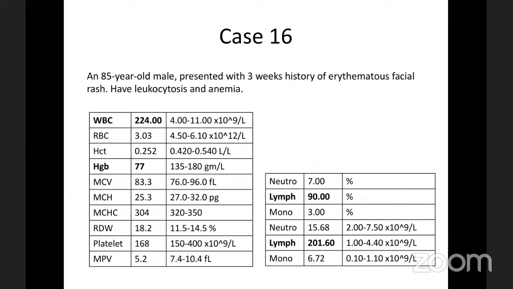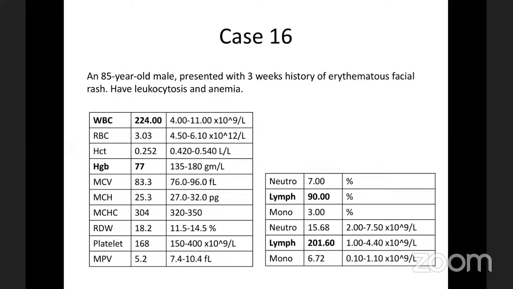Next case, an 85 years old male presented with 3-week history of erythematous facial rash, with a leukocytosis and anemia. The white blood cells show marked leukocytosis, anemia, normocytic, normochromic, and platelets within normal. The patient has predominance of lymphocytosis in the differential. So adult patient, leukocytosis, anemia, lymphocytosis.